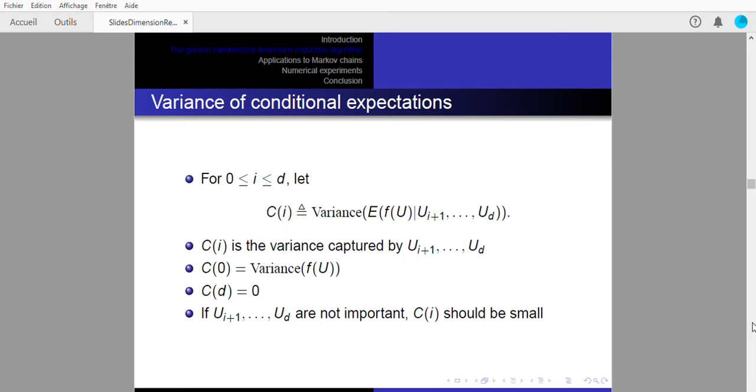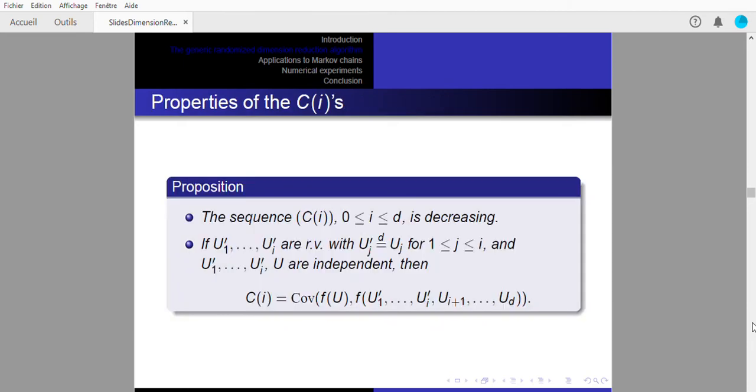So C_i measures in some way the importance of the last d minus i components of u. And we can show that the sequence C_i is a decreasing sequence, and also C_i can be calculated by Monte Carlo simulation. It is equal to the covariance of f of u and f applied to another vector where we change only the first i components of u. Okay, so we can calculate C_i.